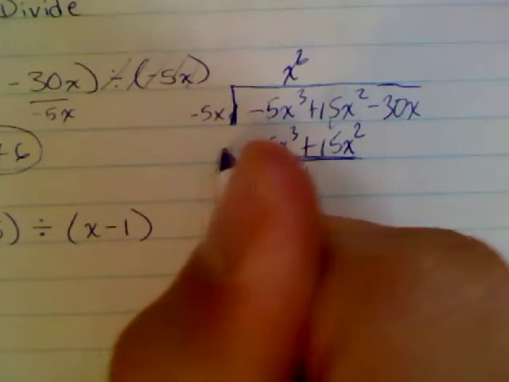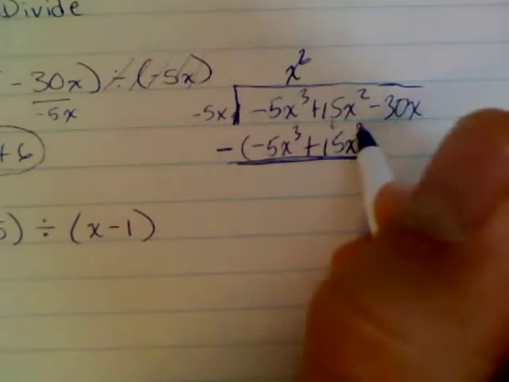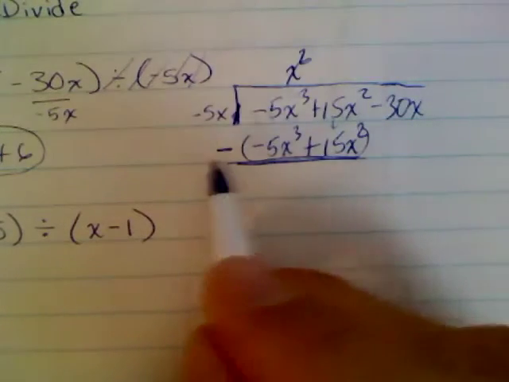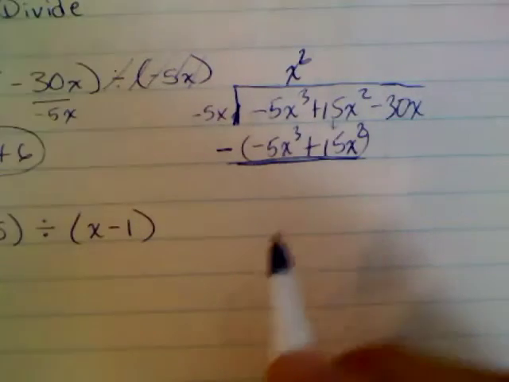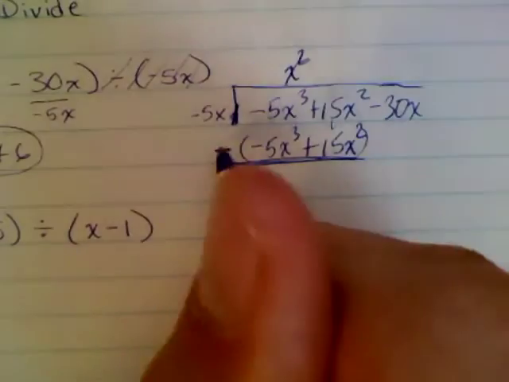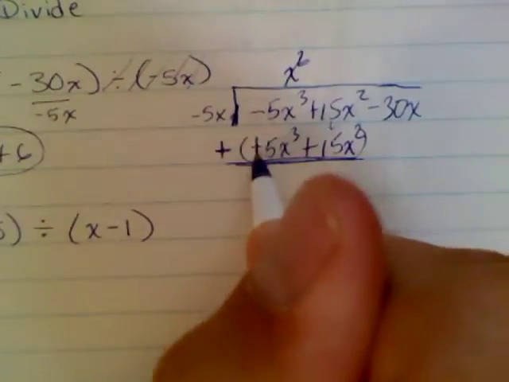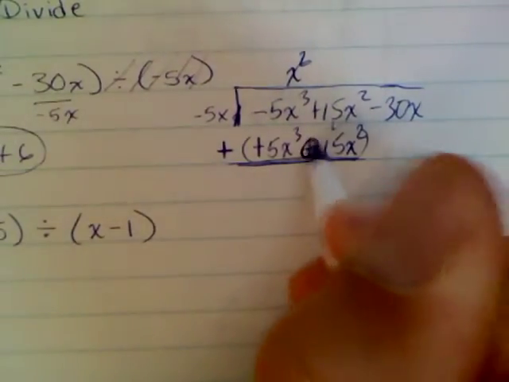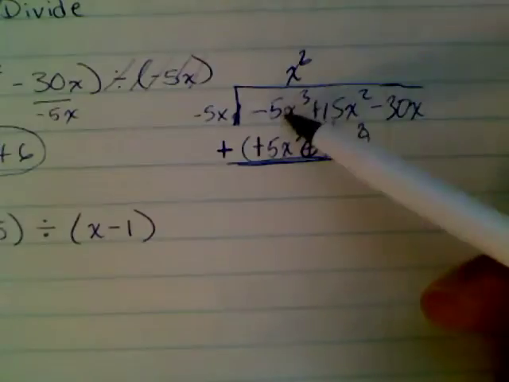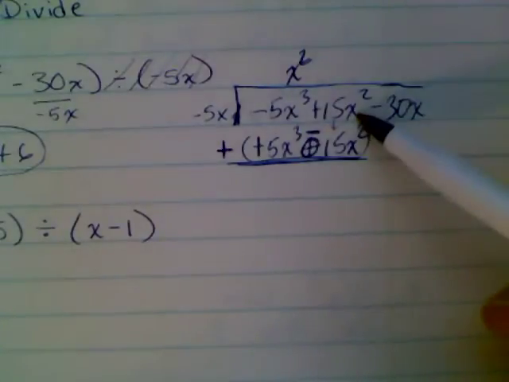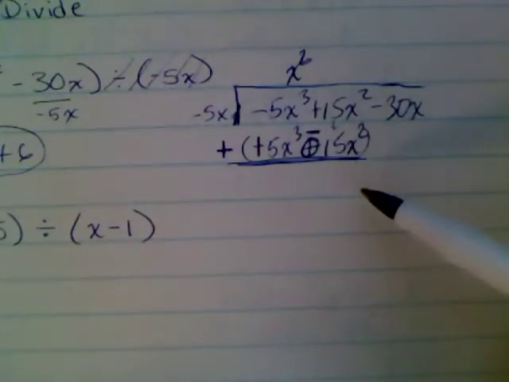Okay? So then what you did in long division back in grade school is that you underlined it, and then you subtracted. Well, if I subtract this whole thing, that means I'm changing all the signs. So I'm going to change this to positive, positive, and now a negative. And what you see is that these are going to cancel. These are going to cancel.